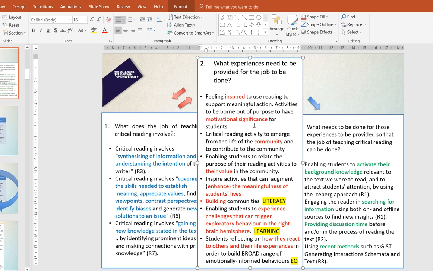Experiences we need to generate in our students for them to want to engage in an activity and actually define it for themselves and identify objectives. I have actually mentioned all of this in the Lion and Norman chapter.